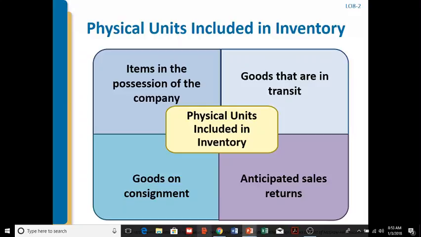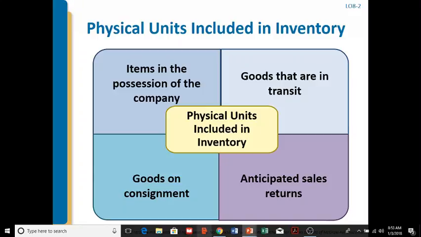If the goods are shipped with what are called FOB shipping point terms, legal title is in the hands of the buyer. And what FOB shipping point means is that they have title once the goods have left the manufacturer's docks or shipping point, if you will.